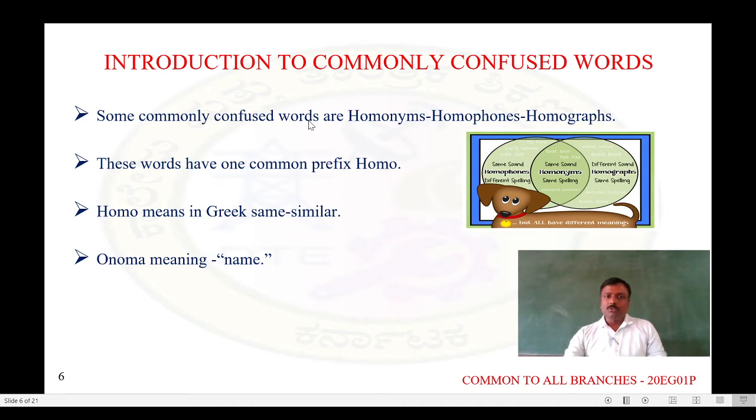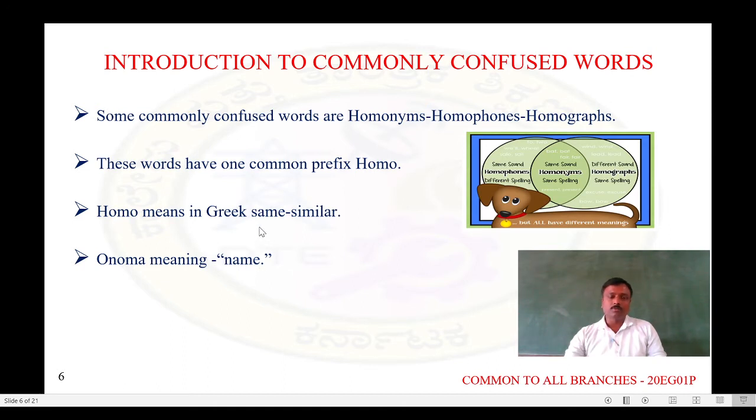Some commonly confused words are, as I have already mentioned, homonyms, homophones and homographs. You can see here, these three words have one common prefix called homo. In the Greek language, homo means same or similar, and onoma means name.